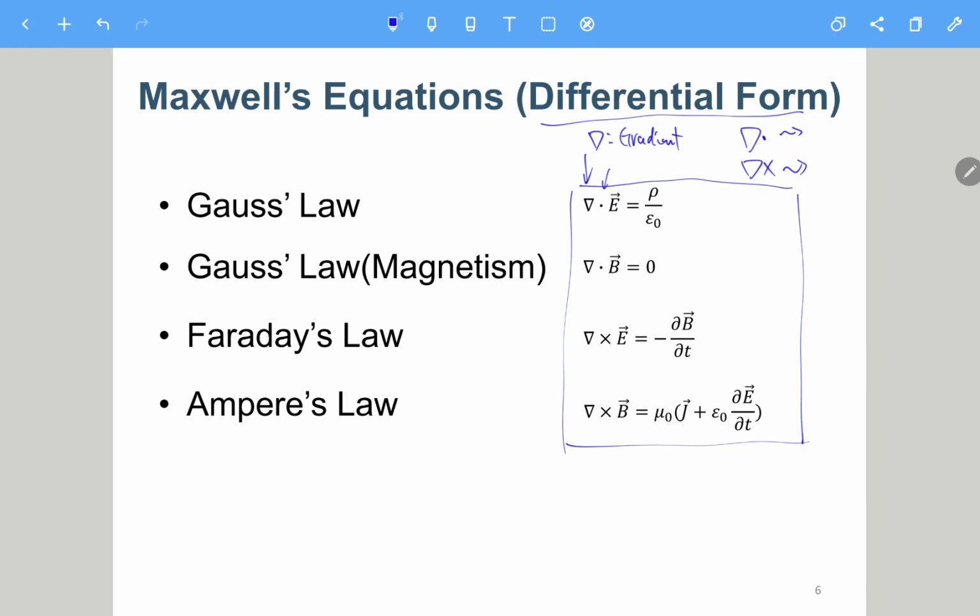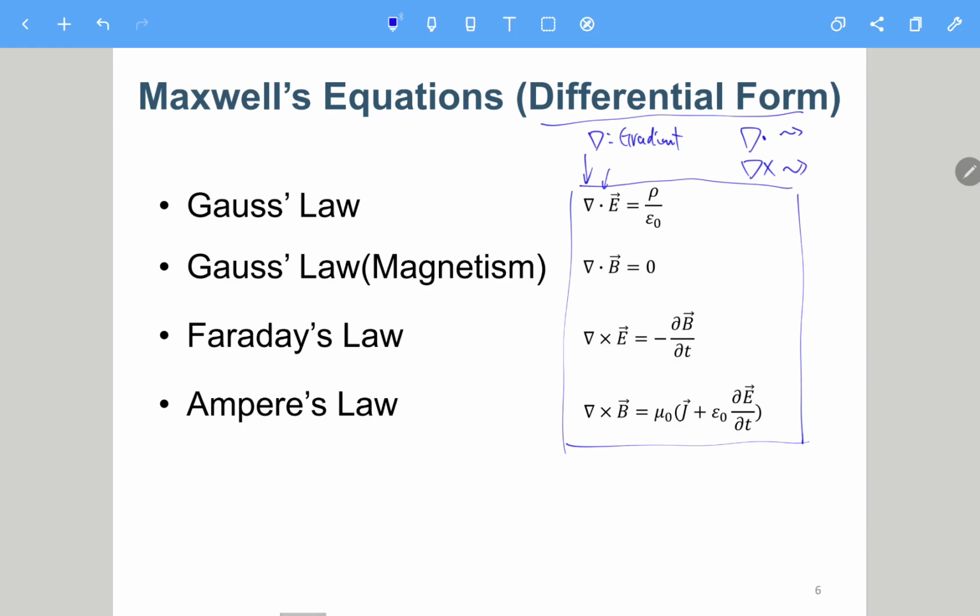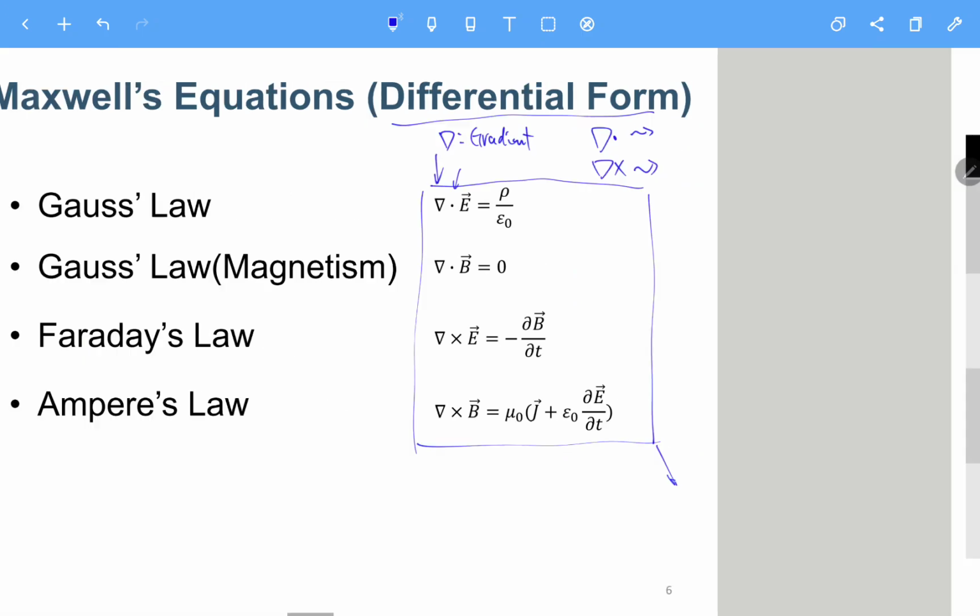But actually I think you don't need to remember that. At least I'm not sure whether I'll give it in the formula sheet for the exam, but anyway, I don't think any problem will be related to that part.